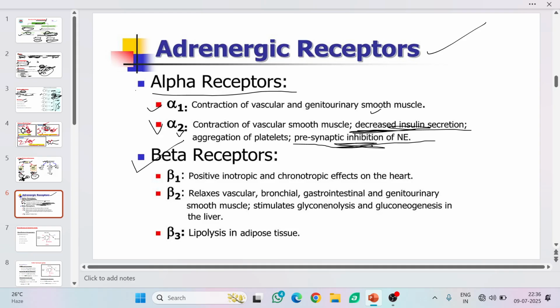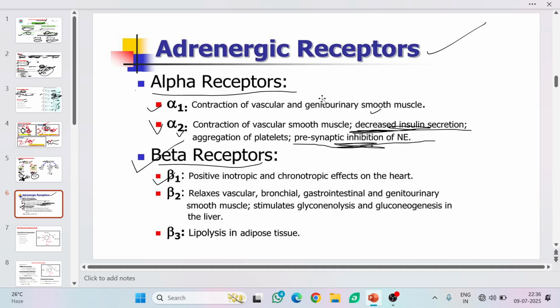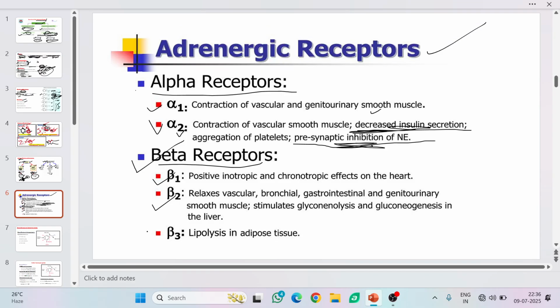Now coming towards the beta receptors and their function. Beta 1 is responsible for, as we studied in the earlier slide, the major function of the adrenergic system, which is to increase heart rate. Because in the last slide we studied that all these beta receptors are of GS type, and GS means stimulatory function. So beta 1, beta 2, beta 3 are all GS type.